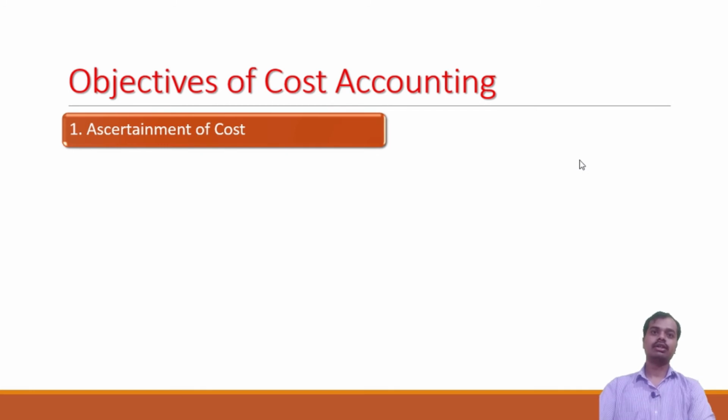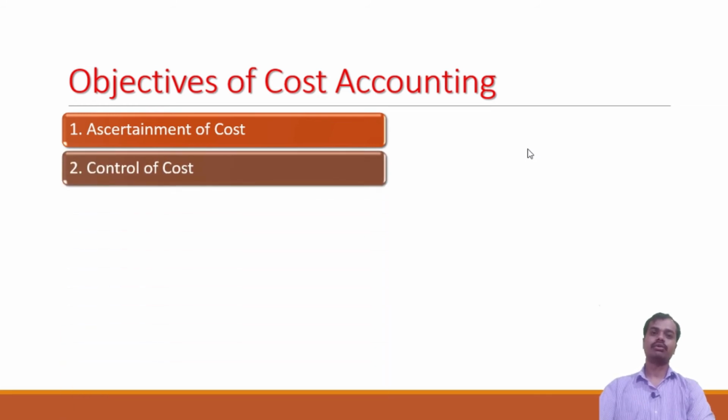The basic objective of cost accounting is to ascertain the cost of product, job, or service. Expenses related to a product are collected from diverse sources. In addition to direct expenses relating to product, joint expenses pertaining to several products are also taken into consideration while ascertaining the cost of product.